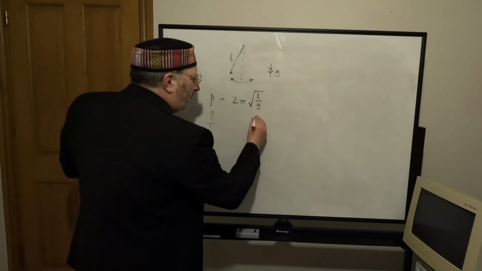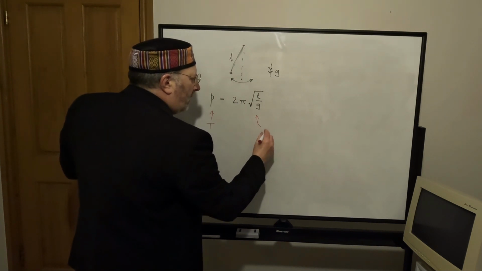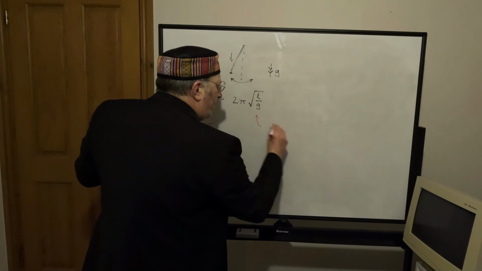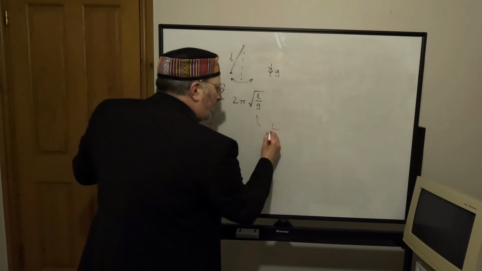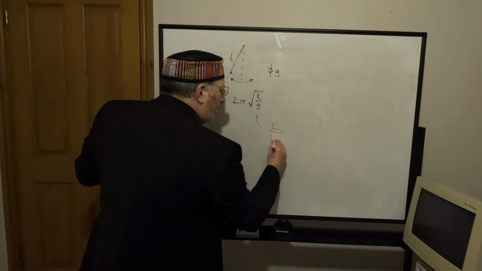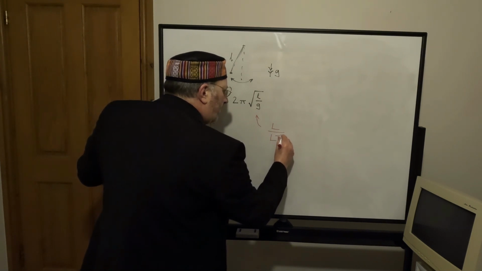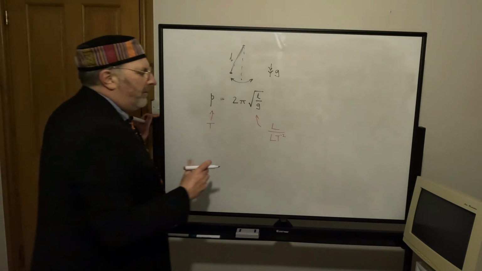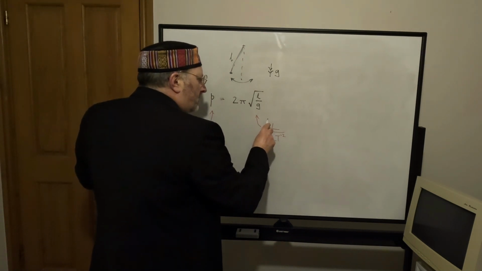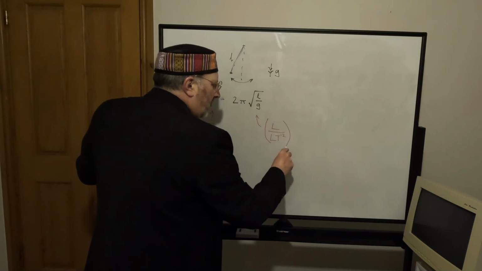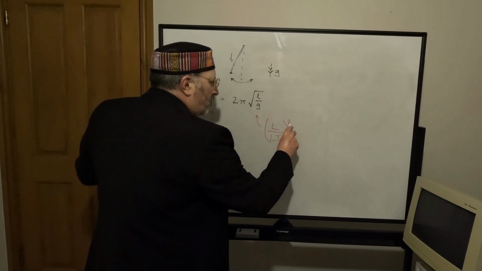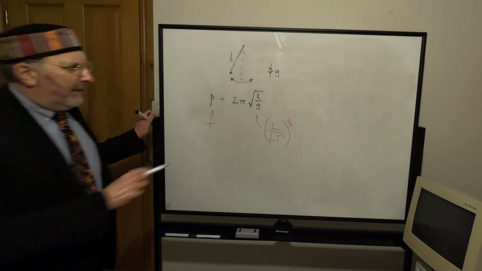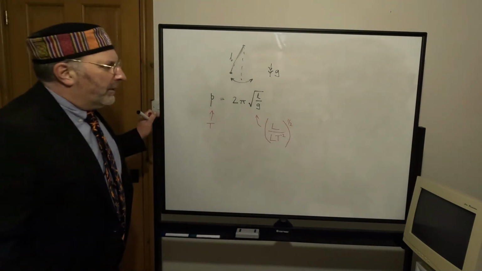But for this, we've got L is a length, and then g is the acceleration due to gravity, and we've seen now what the dimensions of acceleration are. They're LT to the minus 2, and then we take the square root of that, so it's to the power of a half. And we can now simplify this.